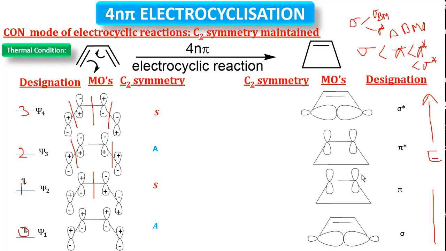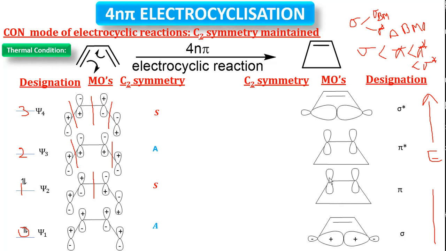Based on the signs, it is classified as a bonding molecular orbital or an anti-bonding molecular orbital. A plus orbital overlapped with a plus orbital is called a bonding molecular orbital. A plus orbital overlapped with a minus orbital is called an anti-bonding molecular orbital. So here plus overlaps with plus, that's why it is a sigma bonding molecular orbital.